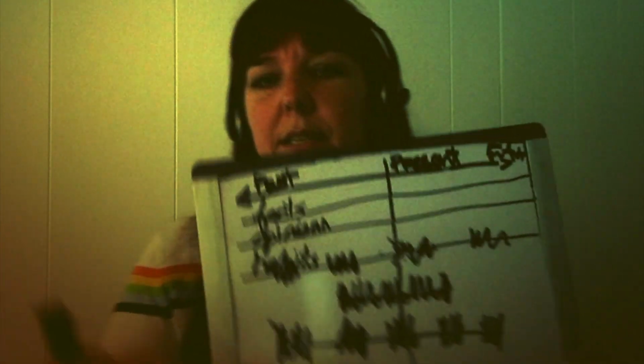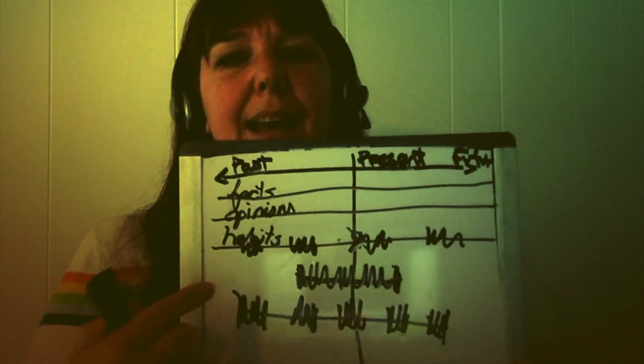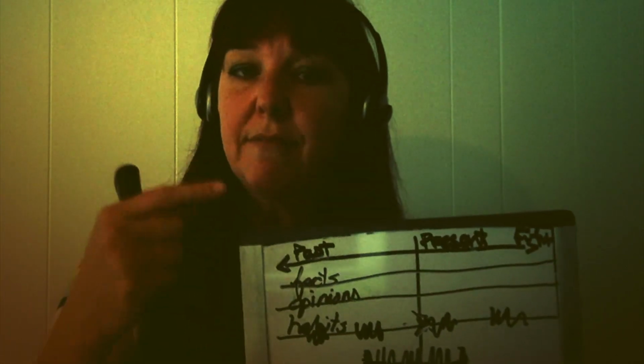So this can go for, say, for example, if I say something like, on March 15th, I said something like, I'm walking 5 kilometers every day. Why would I choose the present continuous for something that I say, I'm walking 5 kilometers every day?